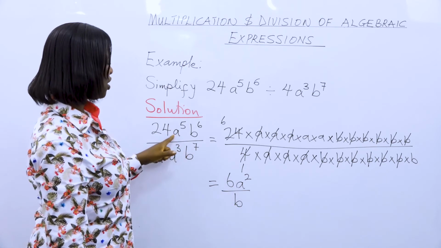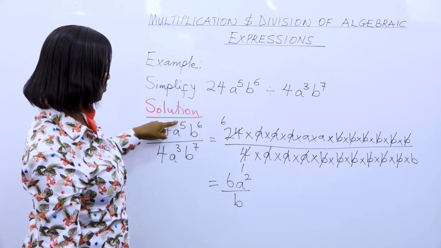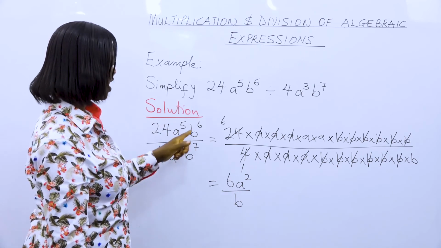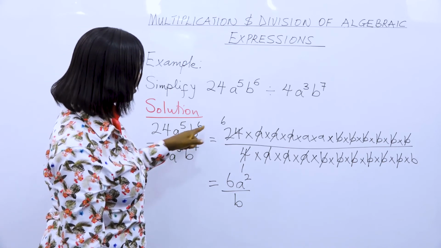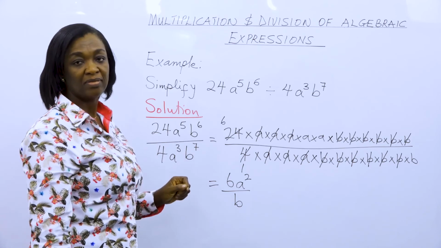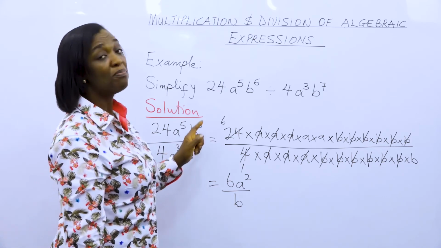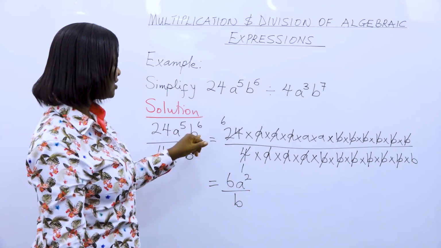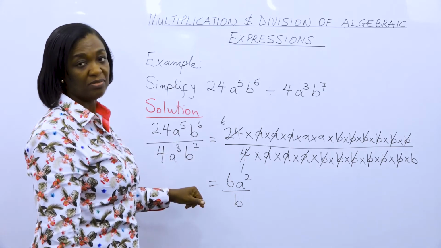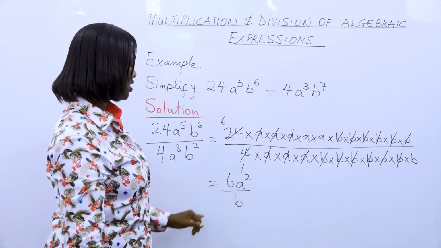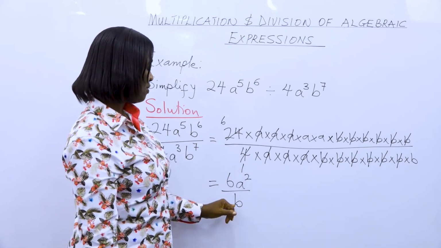The a to the power 2 will be on top, because with a to the power 5 you have more a's on top than at the bottom. Then here, it will be b to the power 6 minus 7. 6 minus 7 will be minus 1. So b to the power minus 1 on top actually means we have an extra b at the bottom. So the answer will be 6a squared over b.